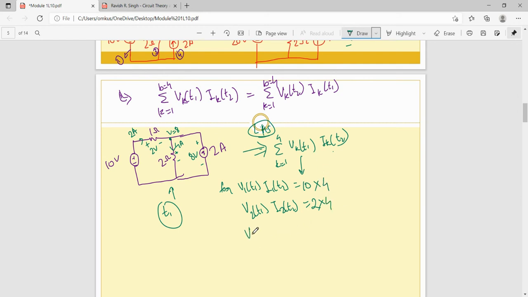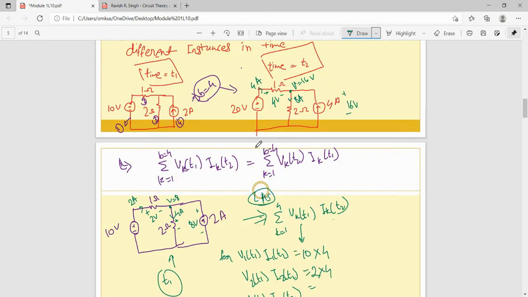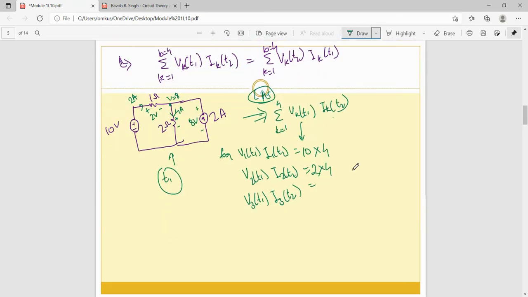Similarly, V3 of T1, I3 of T2. What is the value for this? What is the voltage across this? That is 8 volt, right? And the current for this 2 ohm resistance is 8 ampere. So 8 volt into 8 ampere.